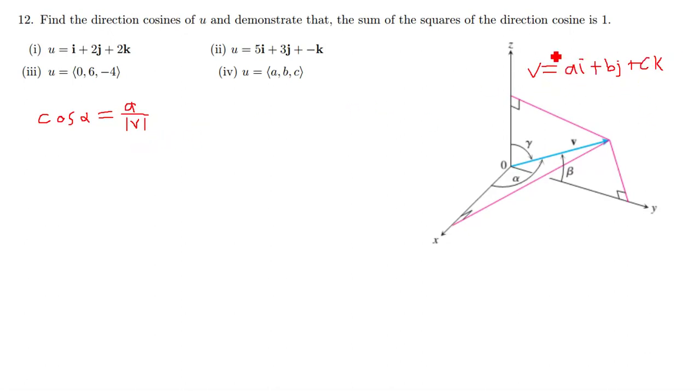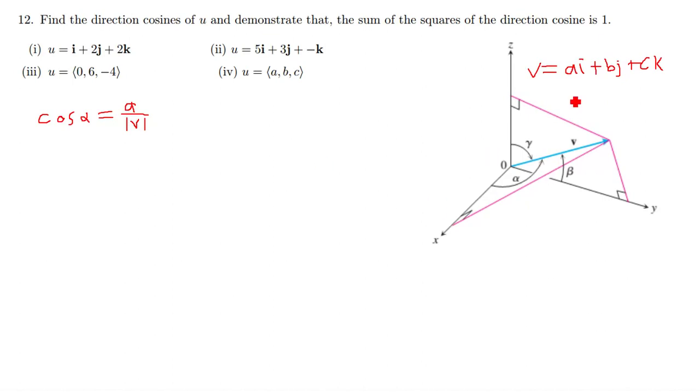And of course, we know how to find the magnitude of a vector. So you find the magnitude, and then you divide a by it, and that's the direction cosine of this vector in the x-axis.